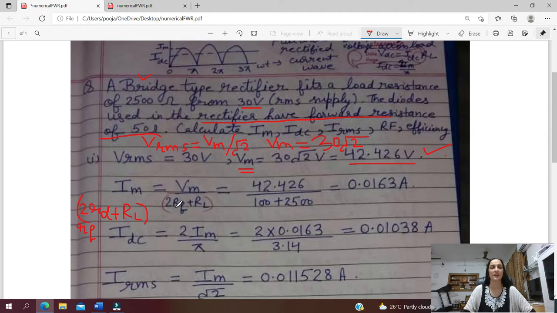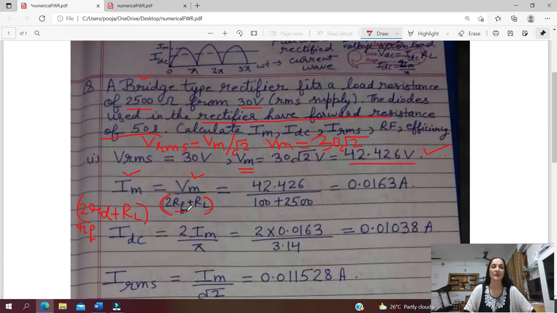Here I have taken 2RF plus RL. So the peak value of output current becomes equal to the peak value of input sinusoidal voltage divided by 2RF plus RL. RL is the load resistance, its value is given to us as 2500 ohm.